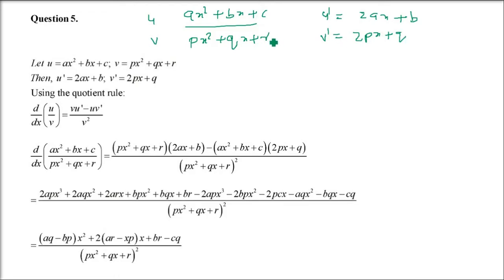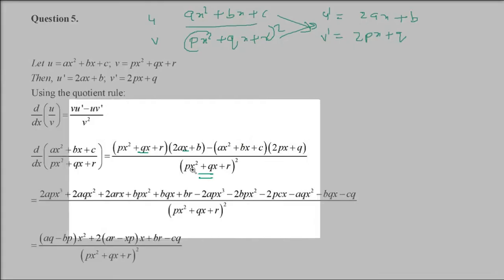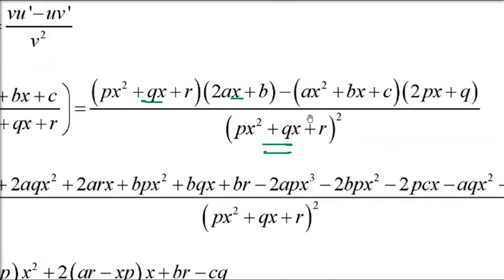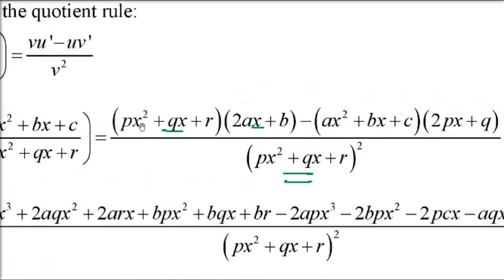So this r, being a constant, will be 0. Now denominator will be v square. So multiply v with u dash, and multiply u with v dash, and subtract them. So there is nothing, you just have to multiply each and every term.